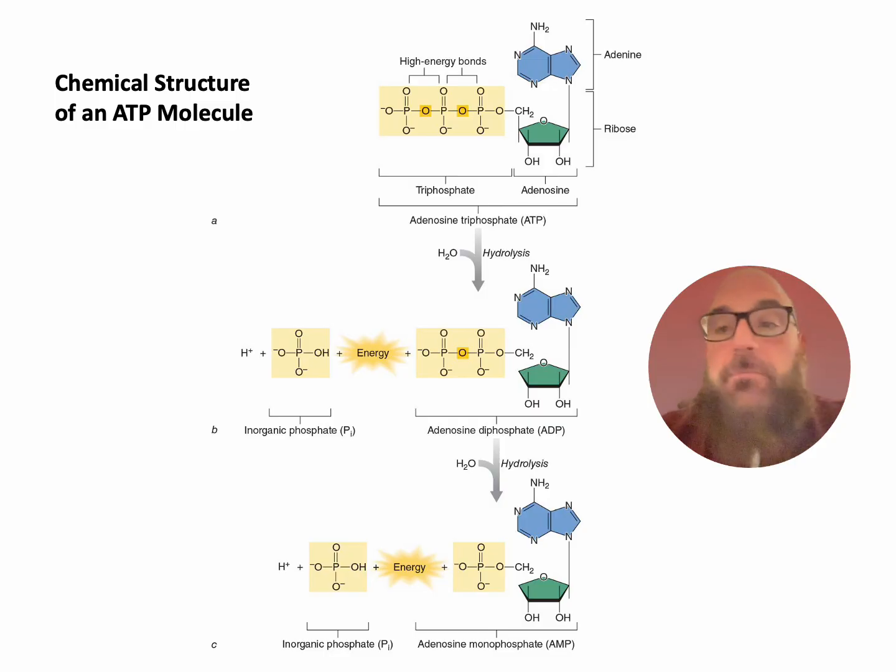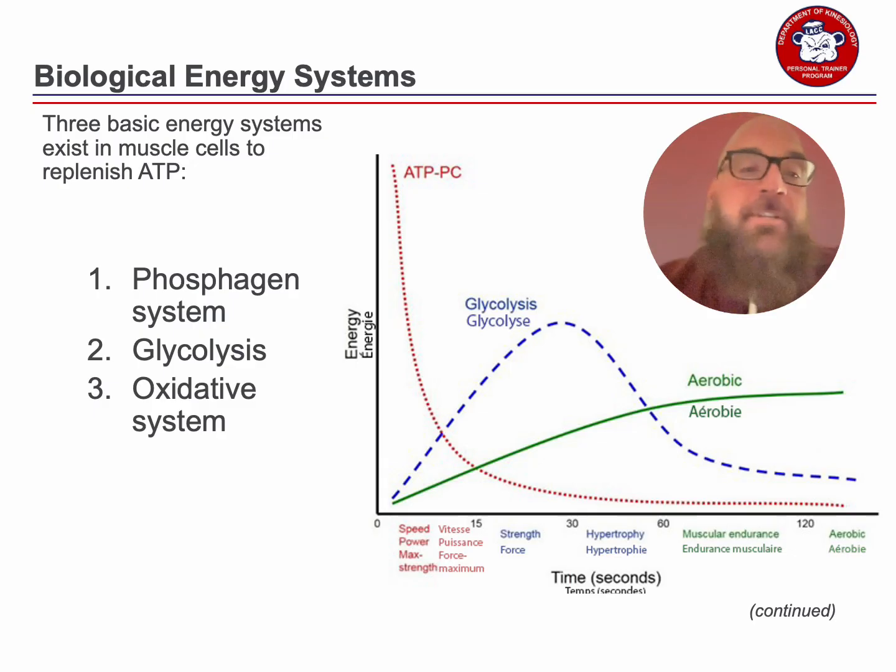Now, the three energy systems are called the phosphagen system, the glycolysis system, sometimes called the glycolytic system, and then the oxidative system. So let's look at the chart here. You see number one, the phosphagen system, ATP-PC at the very top in red.